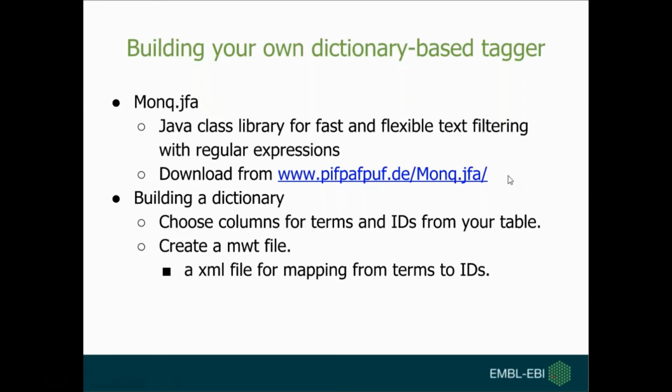In order to build a dictionary, first you have to choose from your table what should be the terms and what should be the IDs. Once you choose the right columns for terms and IDs, then you need to create an MWT file, which is just an XML file for mapping from terms to IDs.